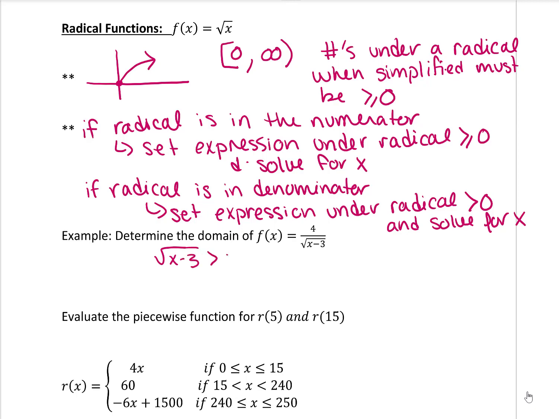Now you might be wondering, why not equal to? And the reason why it's not also equal to is because we can't have a 0 in the denominator. So the denominator cannot equal 0 because then the entire thing is undefined. Let's solve. Square both sides.